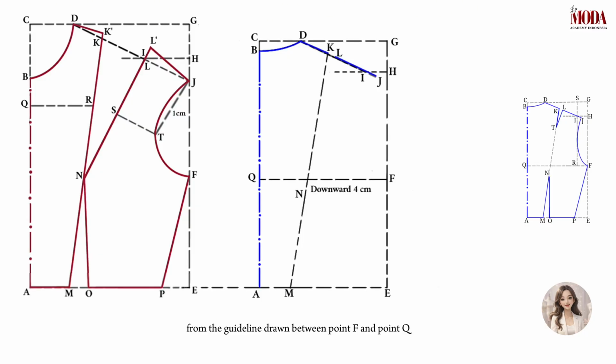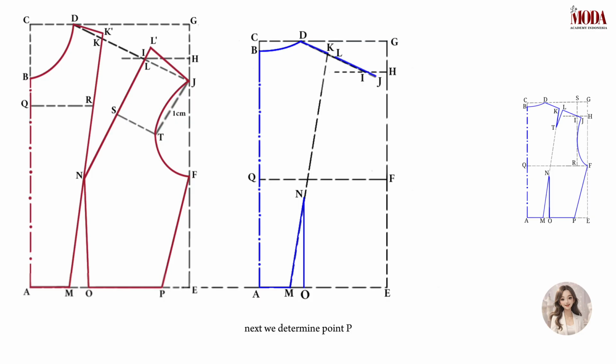From the guideline drawn between point F and point Q, measure downward 4 centimeters. This point is labeled point N. To determine the dart width, locate point O. According to the formula, the distance from point M to point O is fixed at 2 centimeters. Then, connect point M to point N and continue to point O to form the back waist dart.